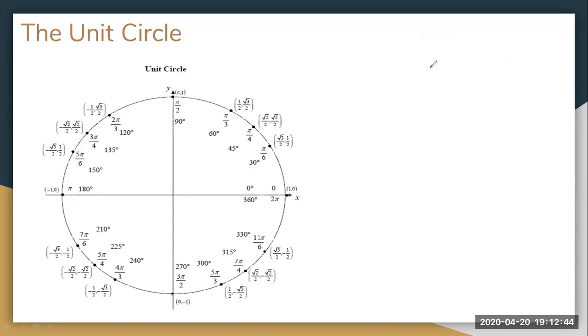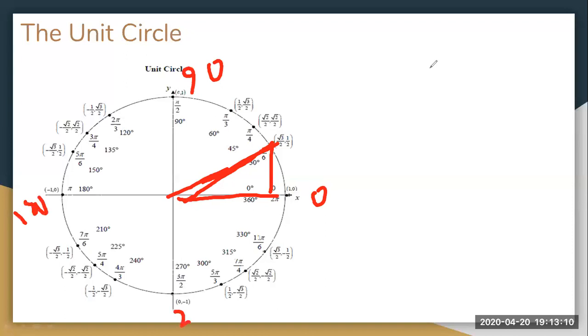According to the unit circle, this right angle triangle starts at... You still have to remember what it is at 0, what it is at 90, 180, 270, and 360 is basically repeating from that point.